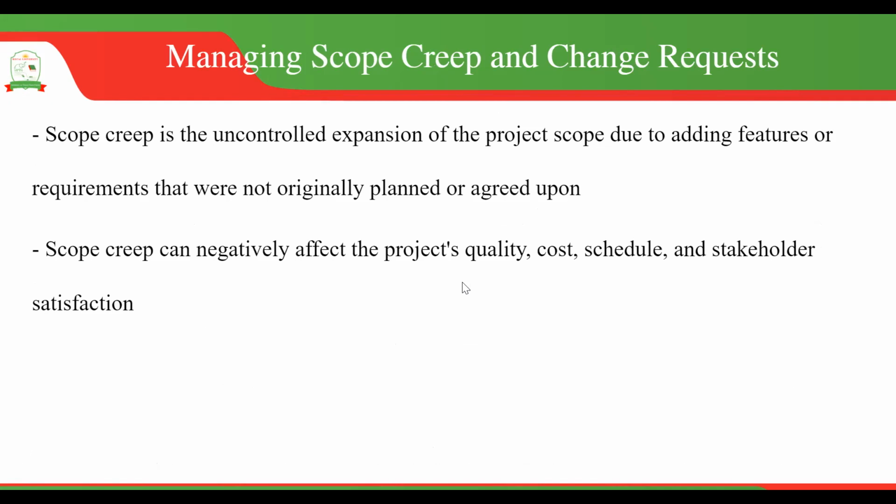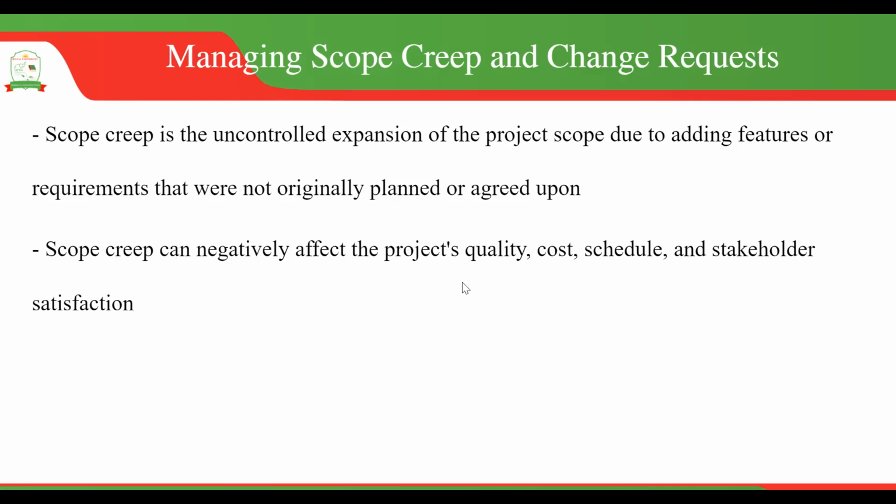Another concept is what we call scope creep and change requests. Assuming, for example, we want the app for the university. So along the way, we discover that we did not include something that is actually very important in the app. Then we tell this developer, please, can you include it? Now, when you do that, that is what we call scope creep.